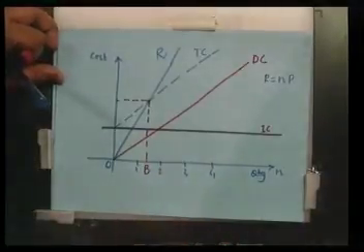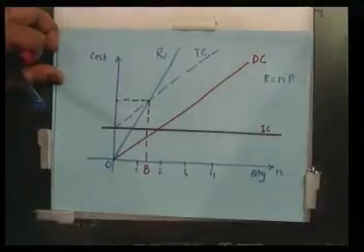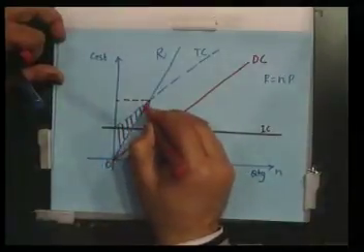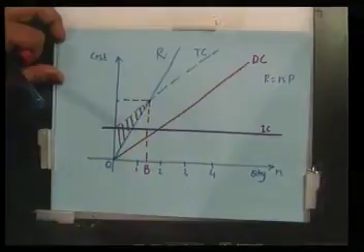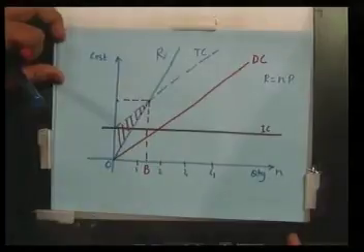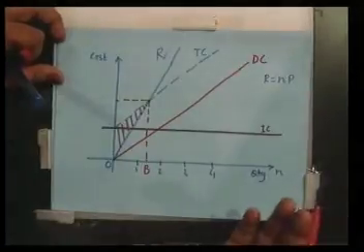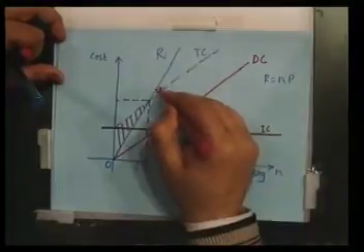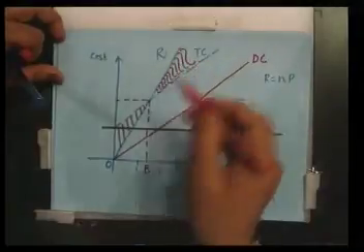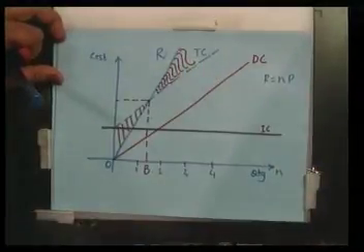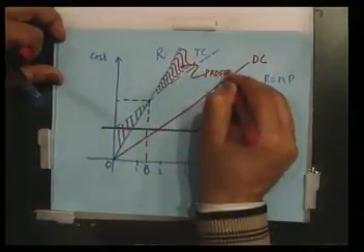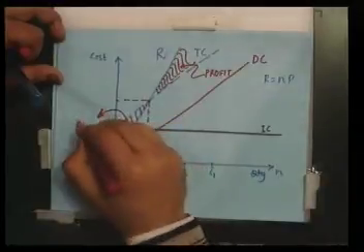Below this production level B, I will be making losses. So, all this area will fall in losses, because n value here is less than B. But the moment I exceed B, I am making profit. So, all these areas correspond to my profit. Here I write profit area and here I write loss.